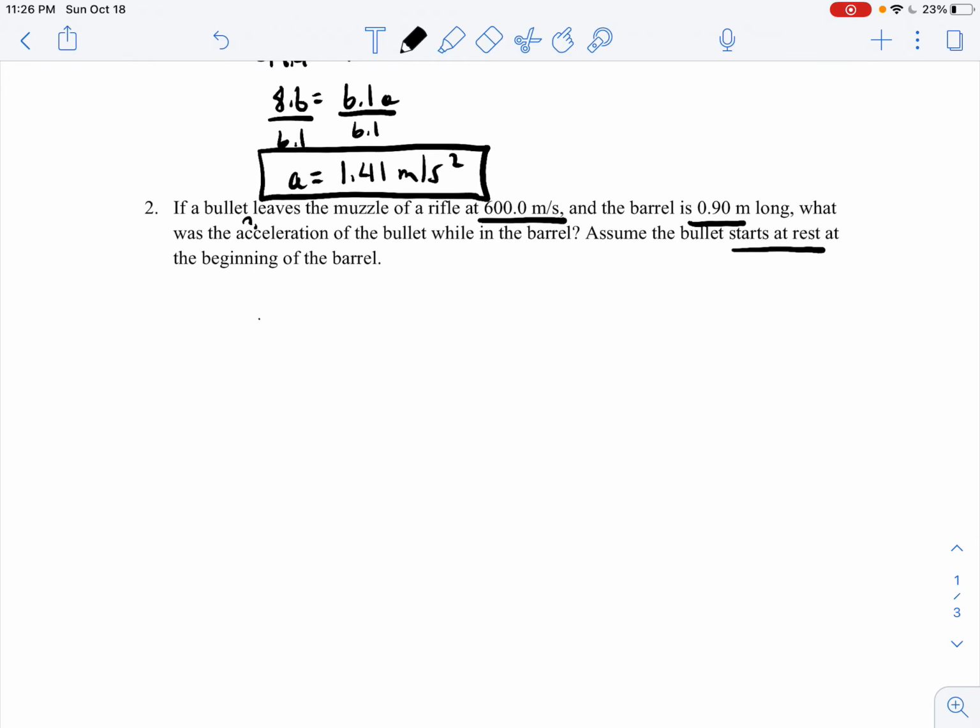So let's say we have the barrel of a gun here, and we know that our bullet is going to start at rest here. So let's say it starts at this side here, our bullet's going to be in here. It's going to have a velocity of 0 meters per second.